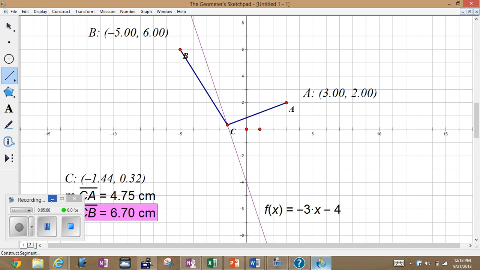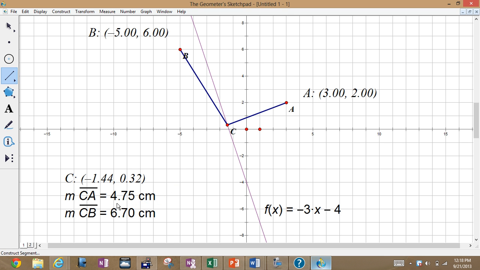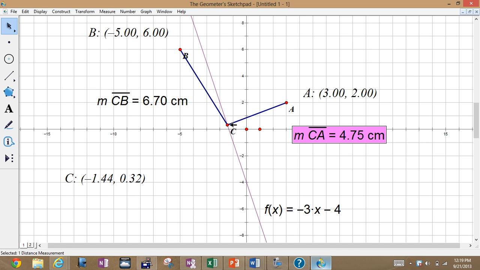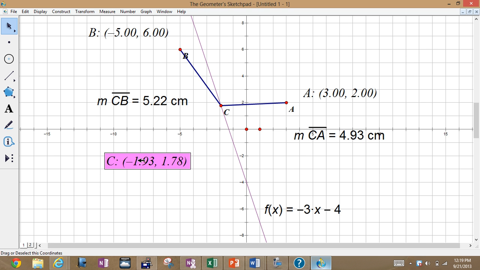So let's just kind of get things out of the way here. So they're not, of course, equal at this point. And now this is just a trial and error to see when we're going to force them to be equal. And they're right about equal right there, which puts that point probably at the -1, 2 point. I'm going to slide that up and move this a little bit more just to nudge it up and see if we're getting there. I think that's probably the point.